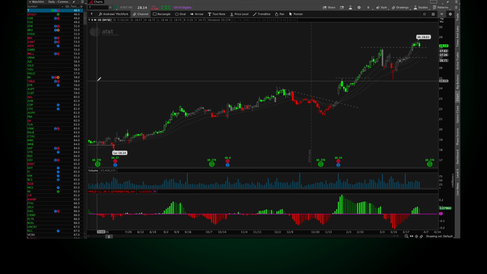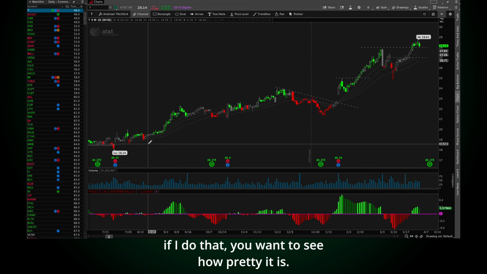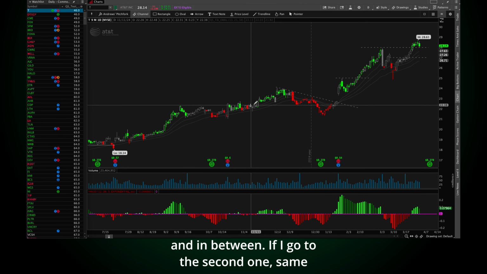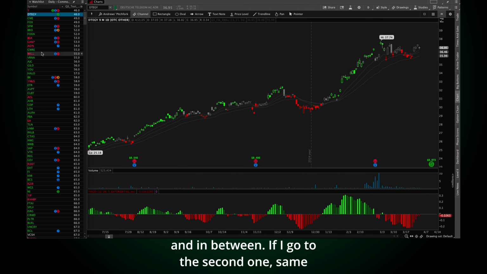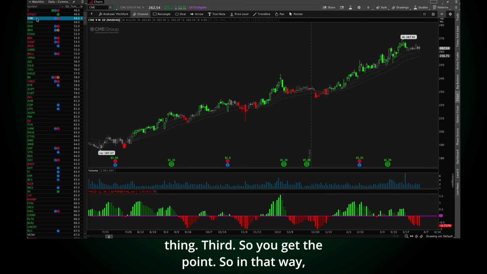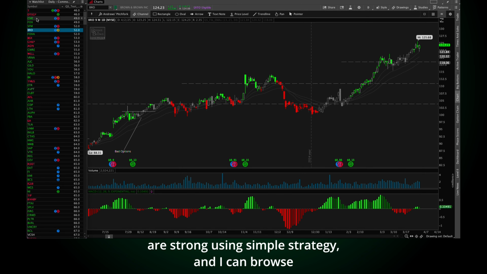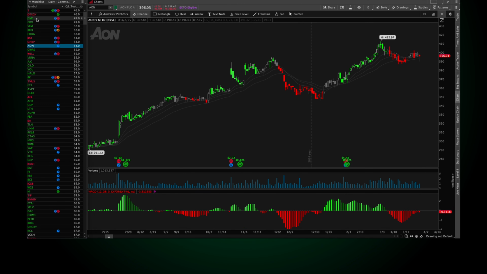To make the point, if I do that, you're gonna see how pretty this is, right? Red in this downtrend, green up, green, green, and in between. If I go to the second one, same thing, third, so you get the point. So in that way, really simple, I can get a list of stocks that are strong using a simple strategy, and I can browse all of them.